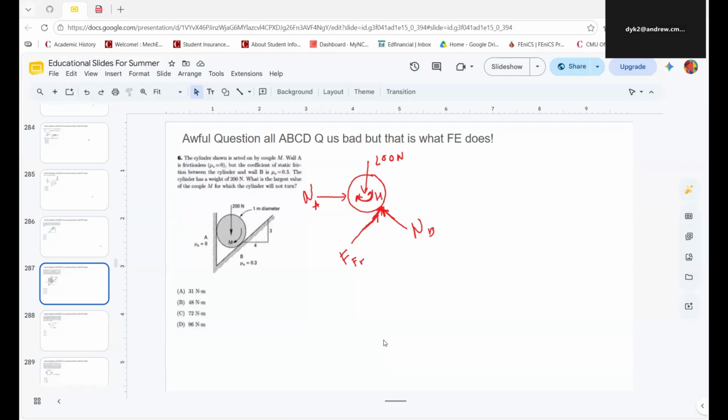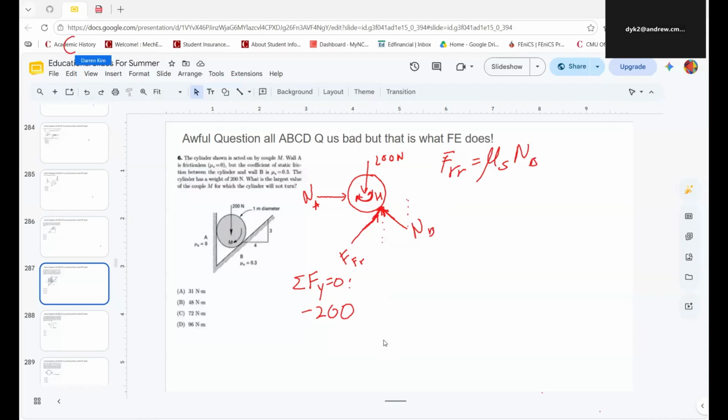Friction is definitely going to be equal to mu S times N B. So let's do the summation of Fy equals 0. We have to count the 200, so minus 200. And then we need this angle over here, which is a 3, 4, 5 triangle.